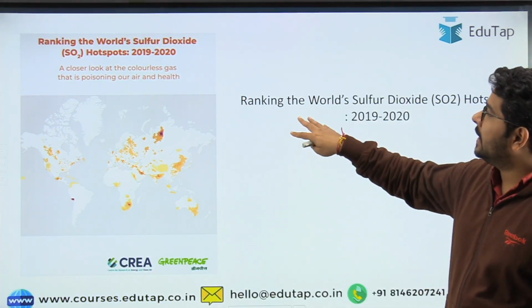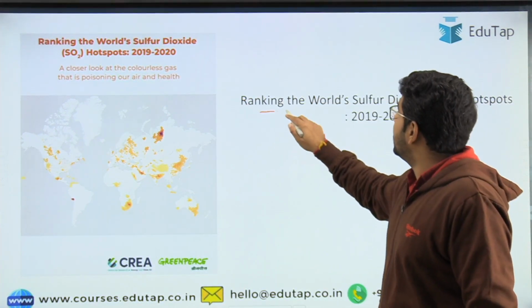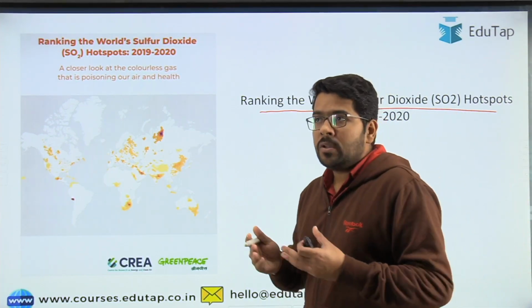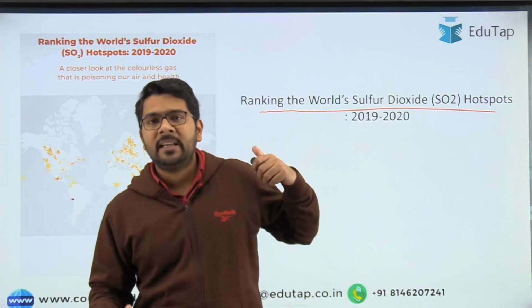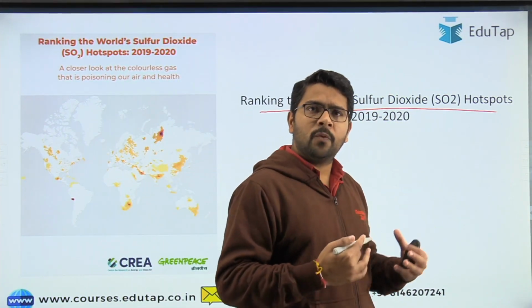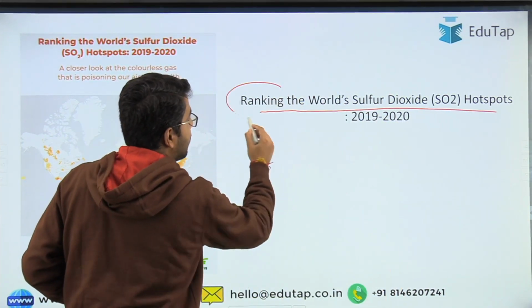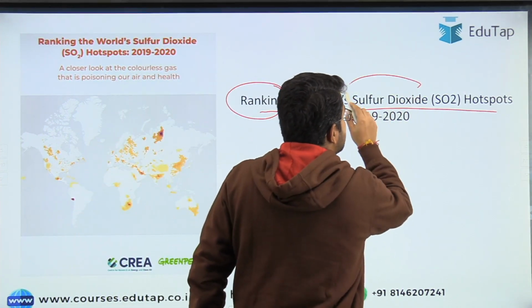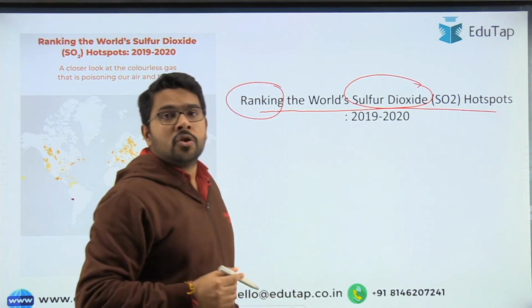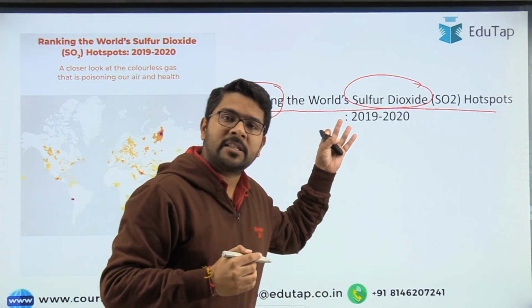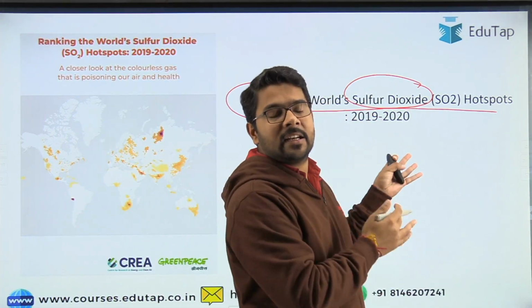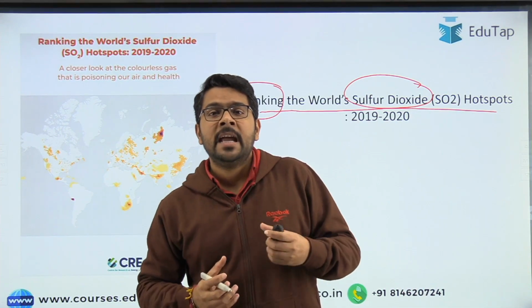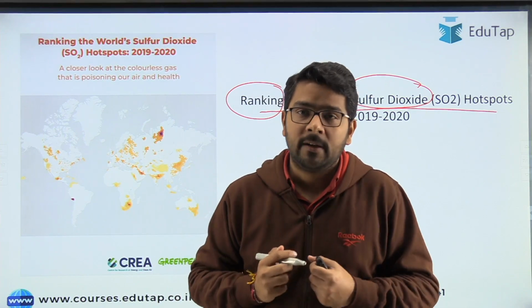So guys, if you see the tagline of the report, it says ranking the world's sulfur dioxide hotspots. So if we go with the tagline, it has something to do with ranking. On what basis? Emission of sulfur dioxide. So even from the tagline, we can say that this report is ranking the different economies across the world in terms of their emission of sulfur dioxide.